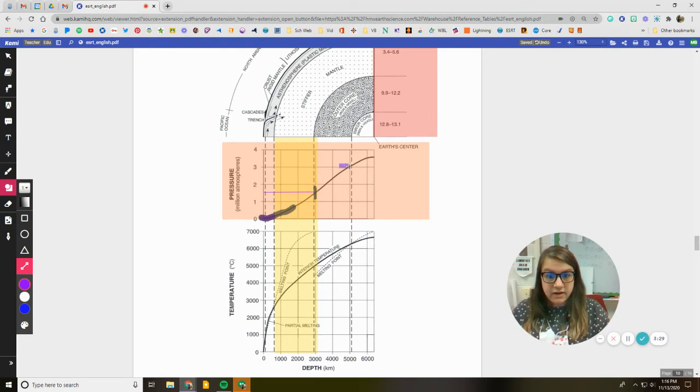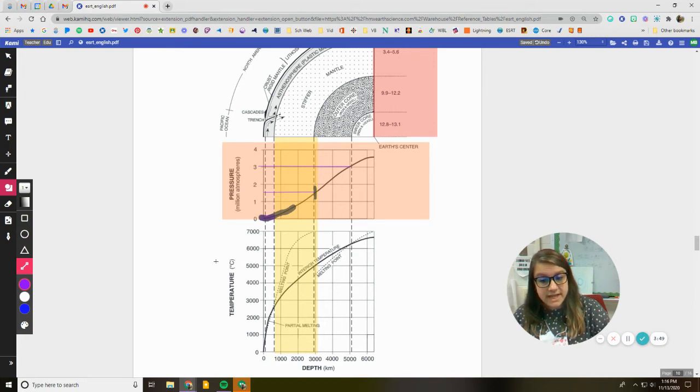Say I did it here at the bottom of the outer core. I can follow it straight across, and it comes out to around 3 million atmospheres of pressure pushing down as you go farther down to the center of the Earth, which again is why everything's dense down there. So that is pressure.